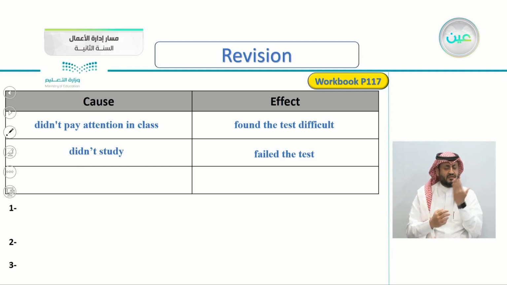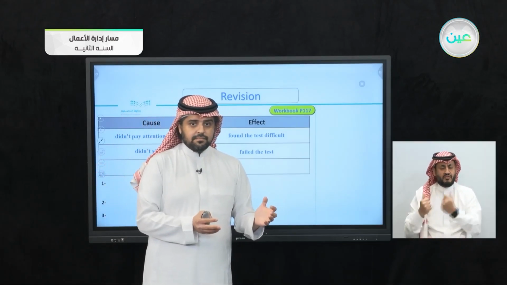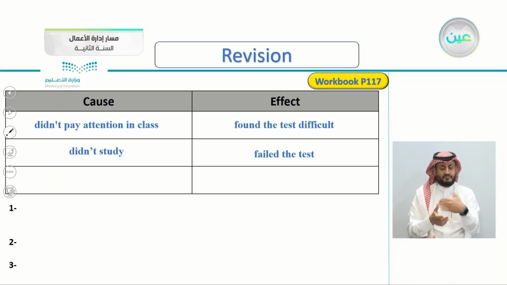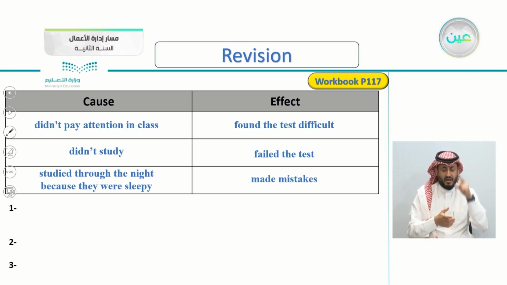So give me a third one now, cause and effect. Okay, very good. But let's see what I've written here: studied through the night because they were sleepy; made mistakes.